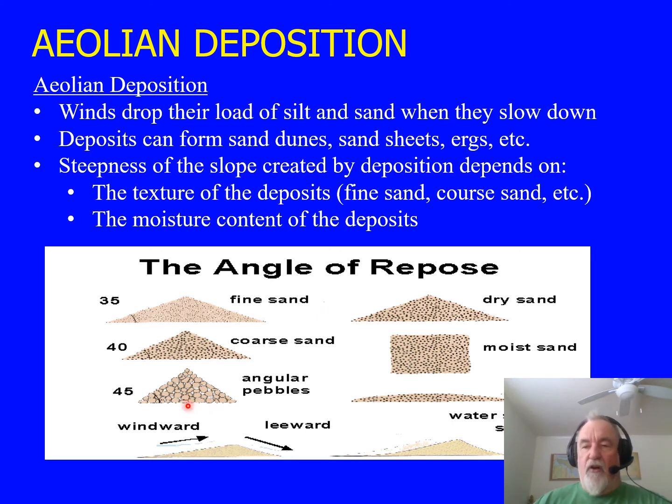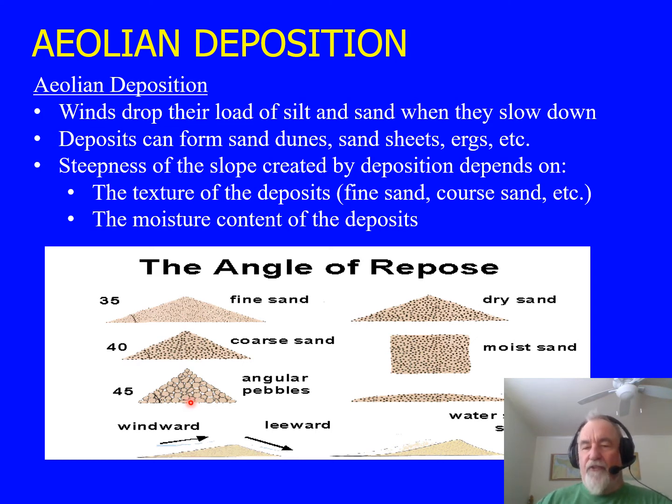Is it large sand grains, which we call coarse sand, or is it very tiny sand grains, which we call fine sand? Well, fine sand can only make slopes of around 35 degrees or so if dry. So dry, fine sand, pretty low angle. If we have coarse sand, we can make an even steeper angle.